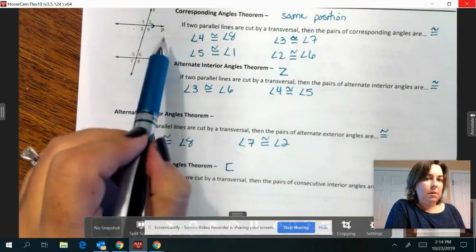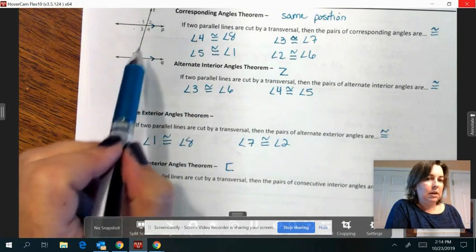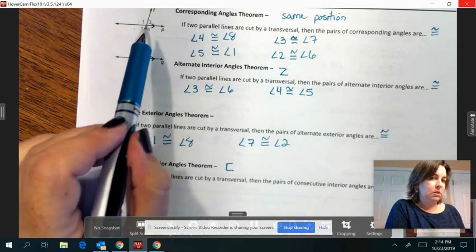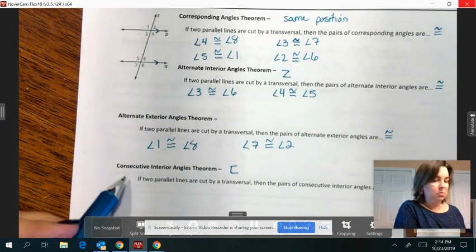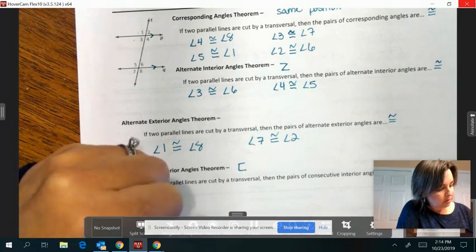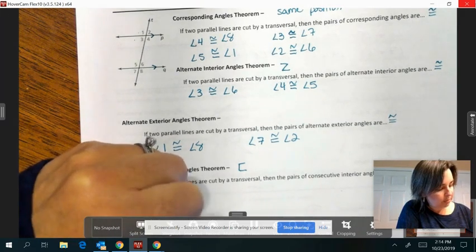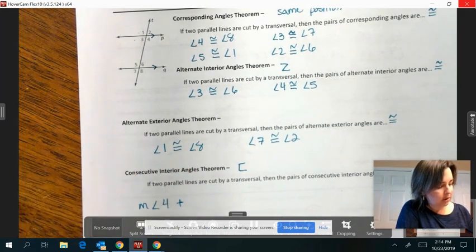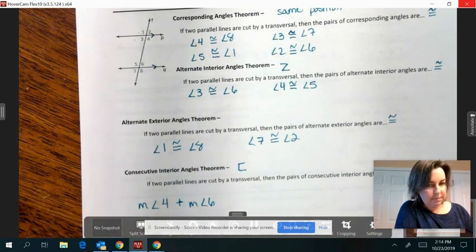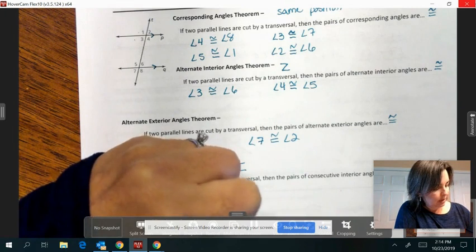So up here, if I make a C this way, angle 4 and angle 6 are on the inside of the parallel lines. They're on the same side of the transversal, which is what we are using for consecutive. So the measure of angle 4 plus the measure of angle 6 is 180.